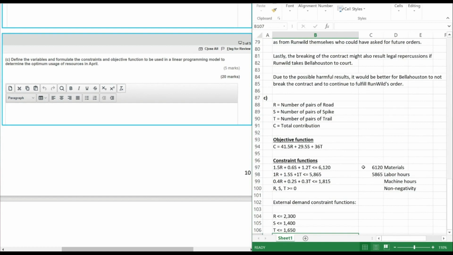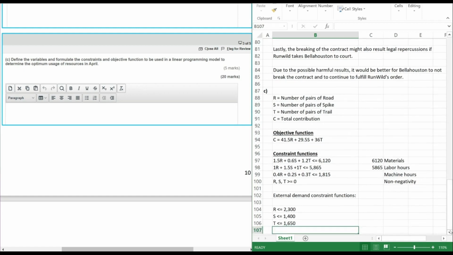So as you can see, the final 9 marks, which were parts B and C, took much less time than the first 11 marks of the calculations, even though there was a rough split of marks. So the calculation for such a question will always be long. There was a similar question in one of the previous past papers as well, which followed the exact same format. Part A was for the long calculation for the optimum production plan, and there was an external order, and we needed to find the total contribution.